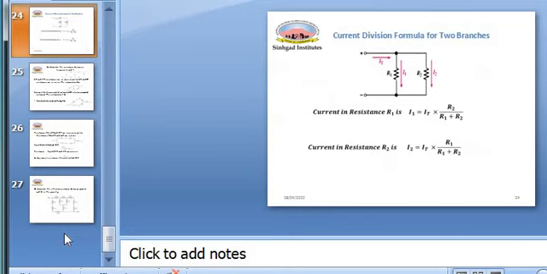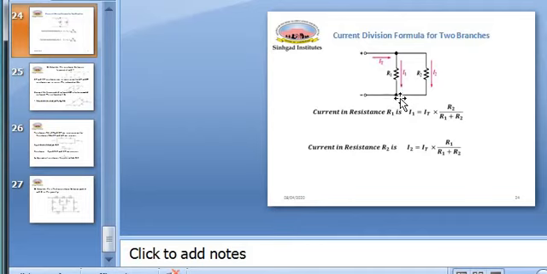Okay. The next is current division formula for the two branches. Very first we require this current division rule while solving the numericals. See, here there are two resistances R1 and R2. Both of them are connected in parallel fashion. The one terminal of each resistance is connected to one common point, and the other terminal of each resistance is connected to another common point.